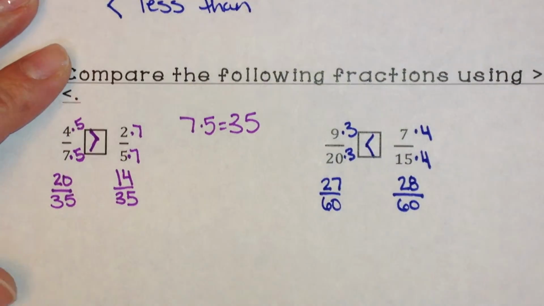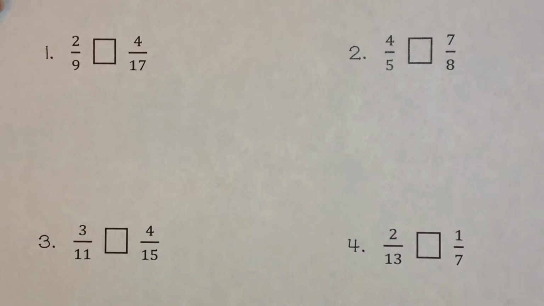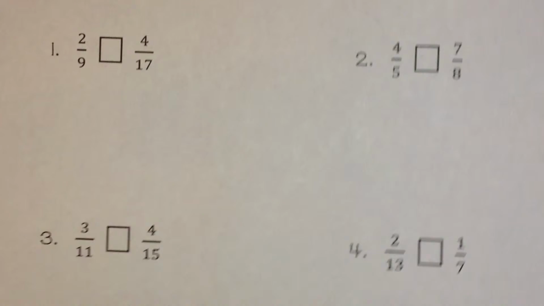Okay, so here are a few problems for you to go ahead and try. Try them out, pause the video here, and come on back for the answers when you're done. All right, so the first one, we have 9 and 17.